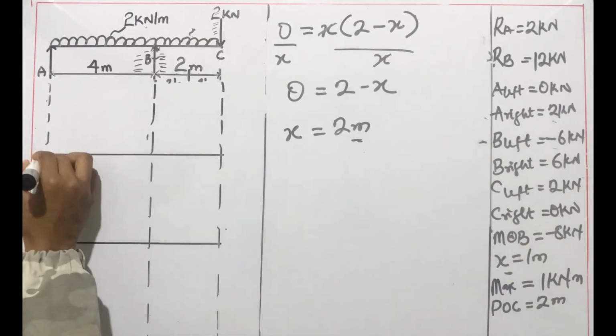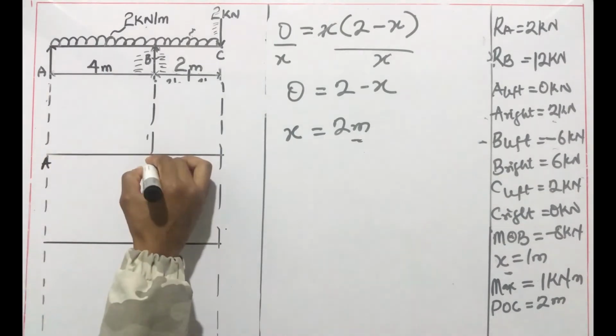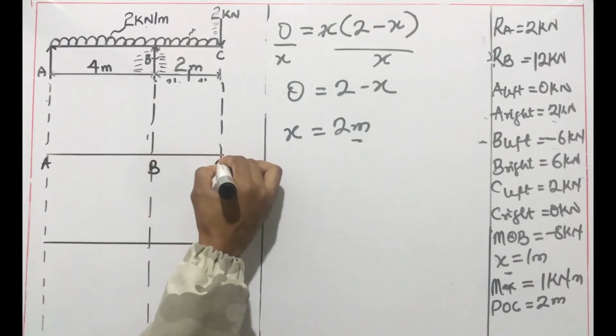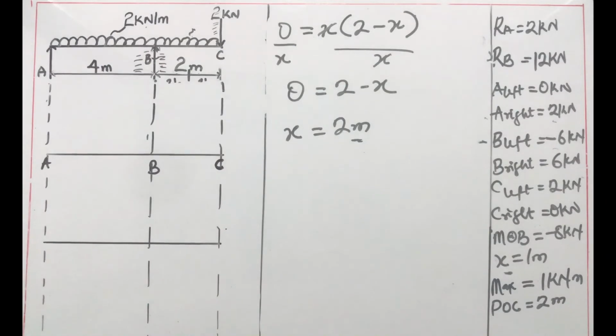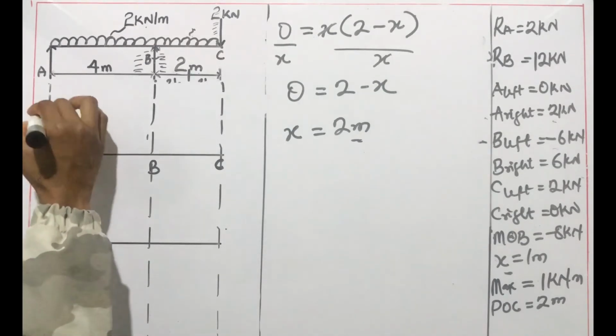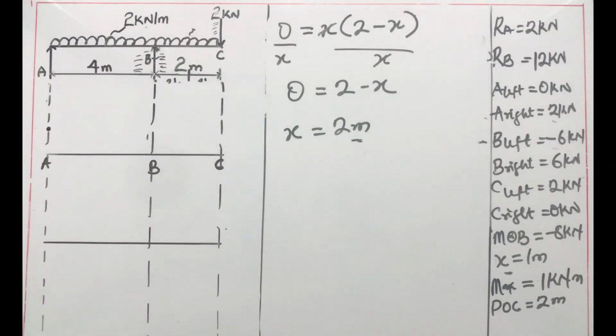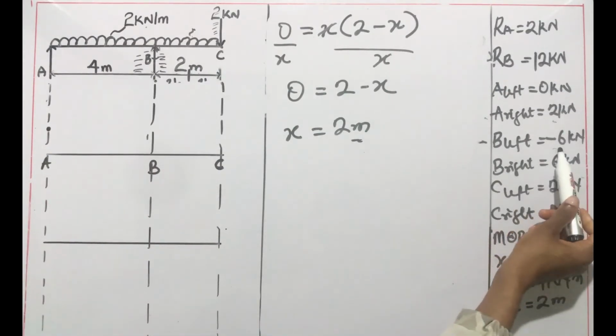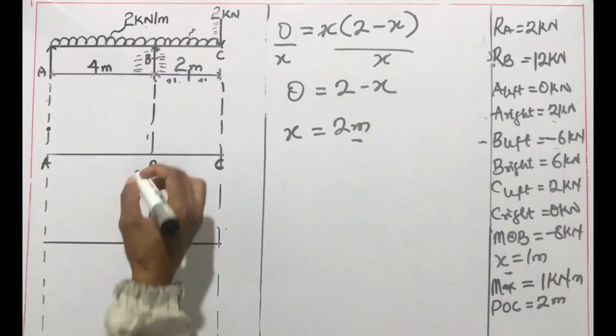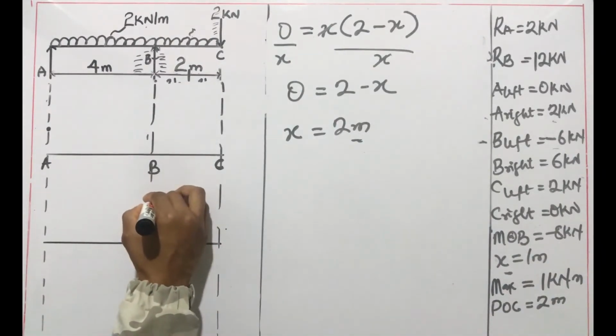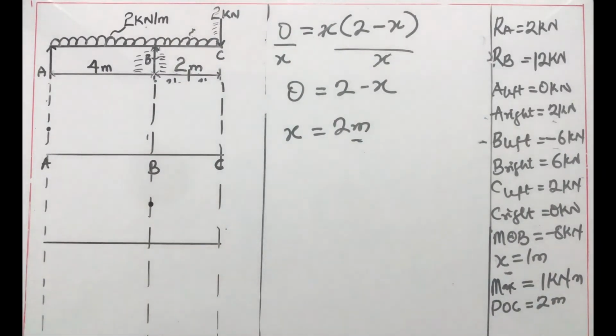Now for the shear force diagram, we start with A right, which is 2 kilonewton; A left is 0 kilonewton, so we barely need to consider it. I'm just going to mark out the point here, which represents 2 kilonewton. For B left, we have minus 6 kilonewton, which is a negative force, so it's going to be at the bottom.